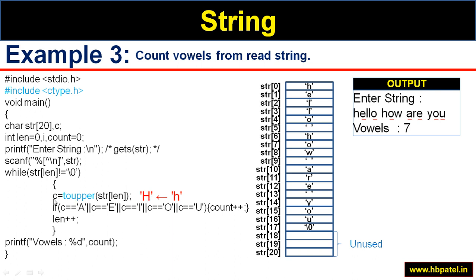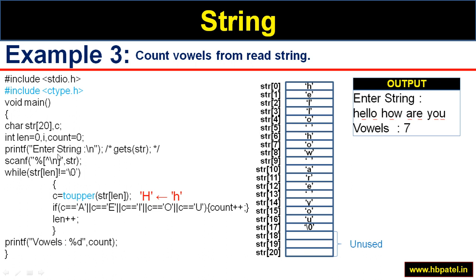So now I don't need to deal with both cases, upper and lower, because lower cases are converted to upper. Then I'll be just dealing with capital A, E, I, O, U only. If it is uppercase, it will remain upper. If it is lowercase, it will be converted to upper. So if the character is A or E or I or O or U, if any one of these is true, in that case I'll be incrementing the counter. Right.